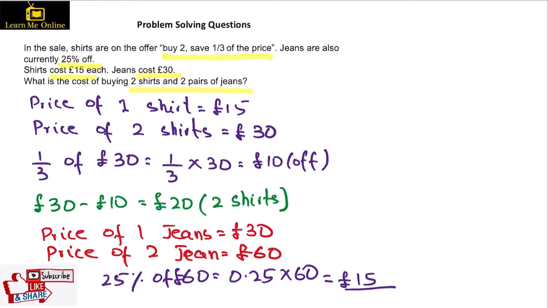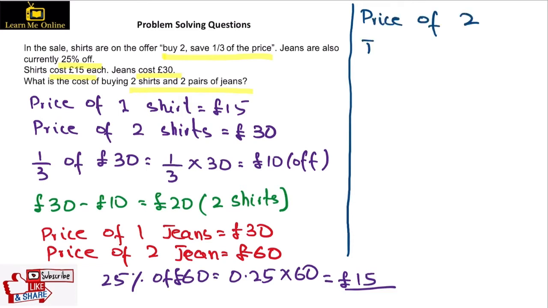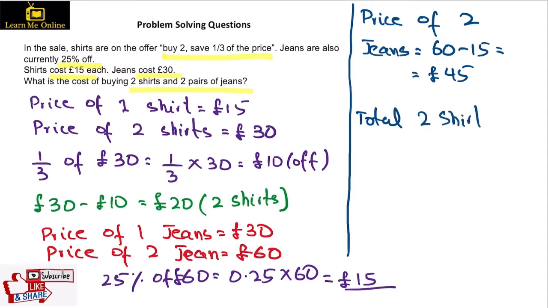That's the discount amount. So the price of two pairs of jeans would be, I'm going to do the remaining working out here, from the total price, which is £60, you're going to minus £15, and that would be £45. So the total price to buy two shirts and two jeans would be what we have found over here.